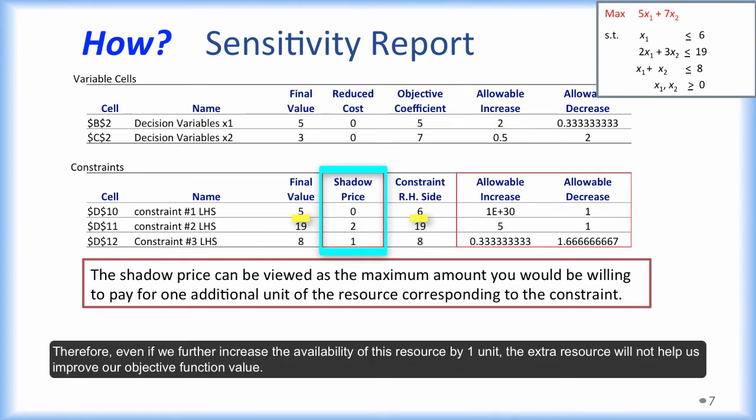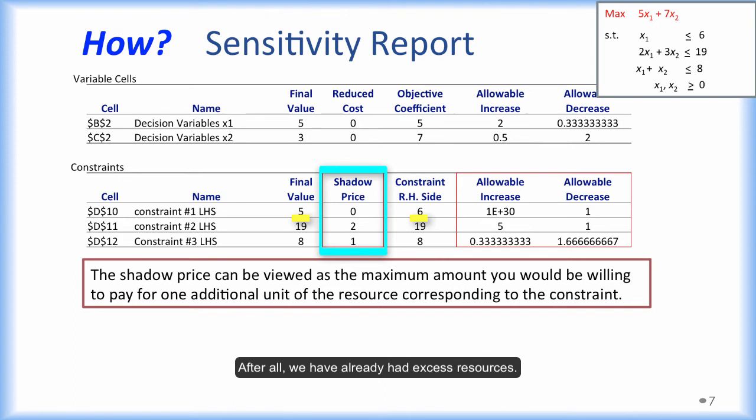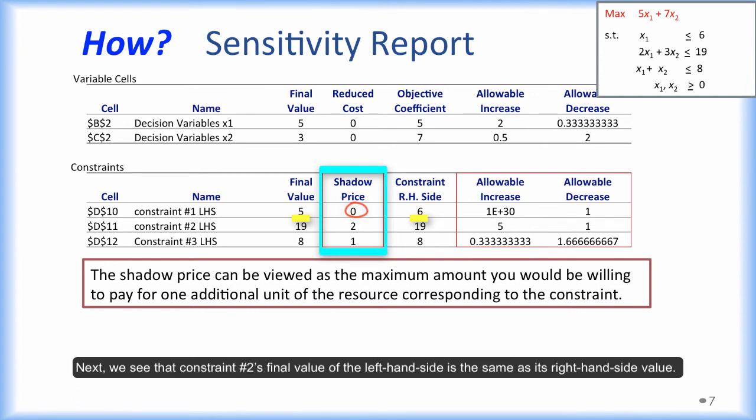Therefore, even if we further increase the availability of this resource by 1 unit, the extra resource will not help us improve our objective function value. After all, we already have excess resources. That's why we see that the shadow price is 0 for the first constraint's right-hand side.